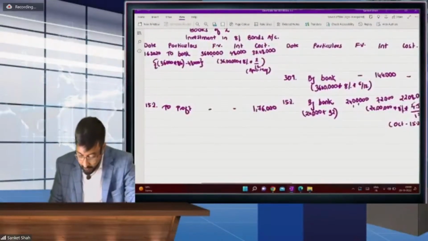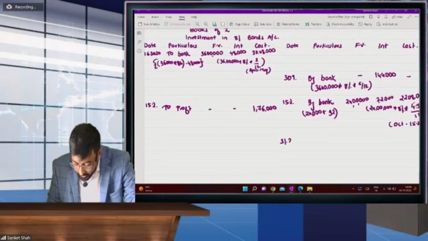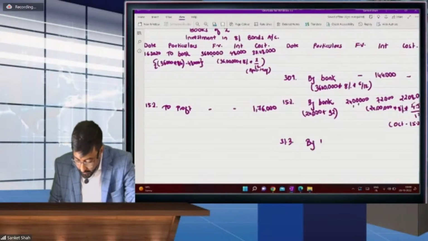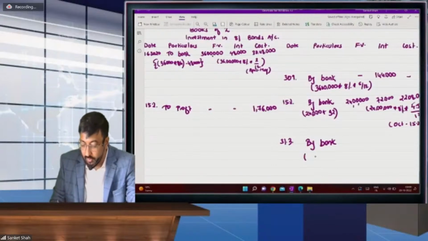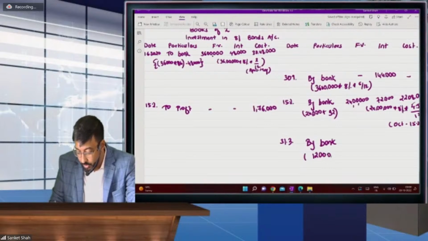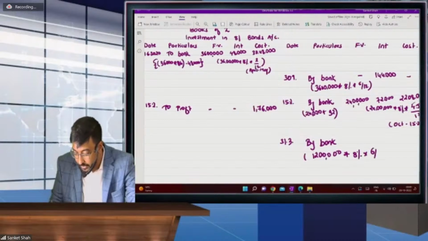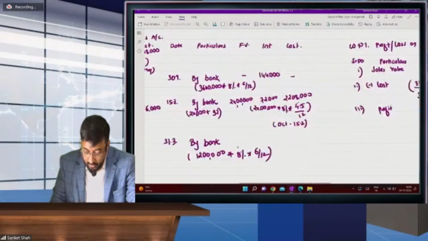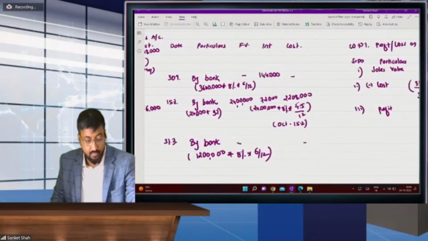Now 31st March. Again by bank. Now you sold 24,000 out of 36,000. So 12,000 means 12 lakhs into 8% into 6 by 12, I will receive interest.